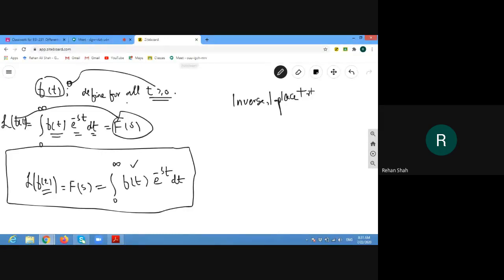If you apply L inverse on both sides, you will get L inverse of L of f(t), which is equal to L inverse of F(s). The L and L inverse will cancel each other and you will obtain f(t).